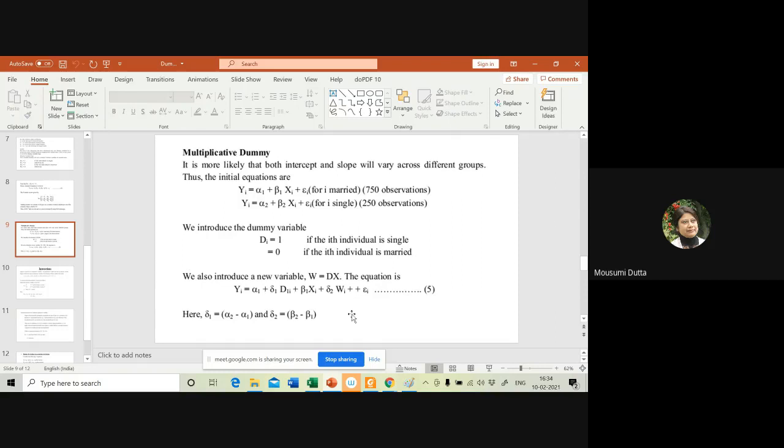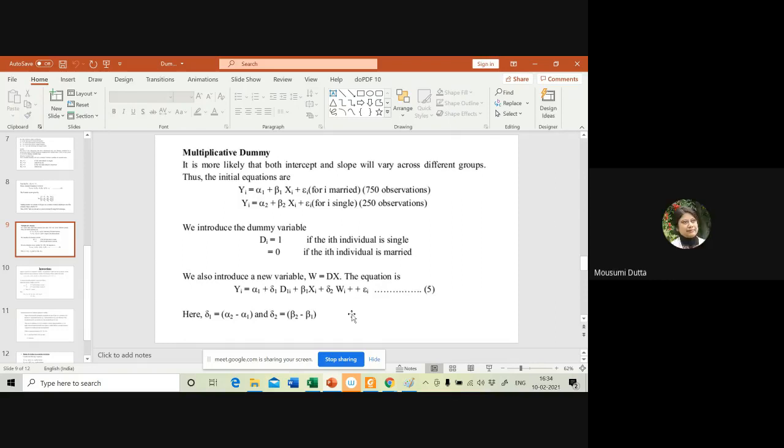Put d1i is equal to 0, and for that matter w is also equal to 0. So you are getting the first equation, yi is equal to alpha 1 plus beta 1 xi plus epsilon i. Got it? Yes, ma'am.